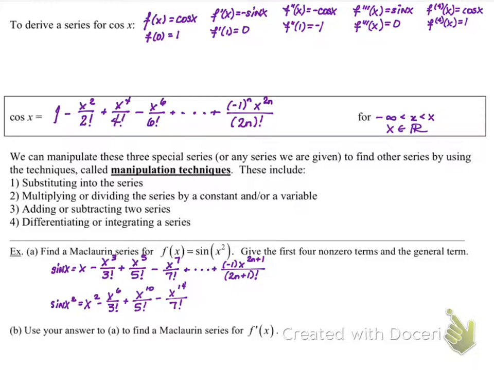So if you look, I just replaced x with x squared, which is most of the time all you need to do when you get to the problems on the AP exam.